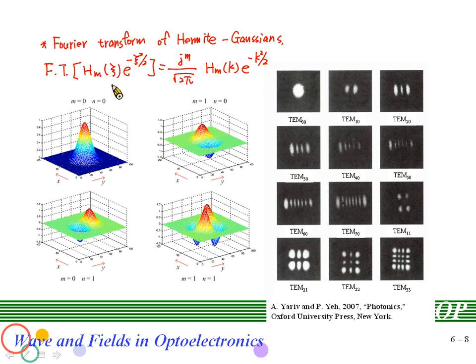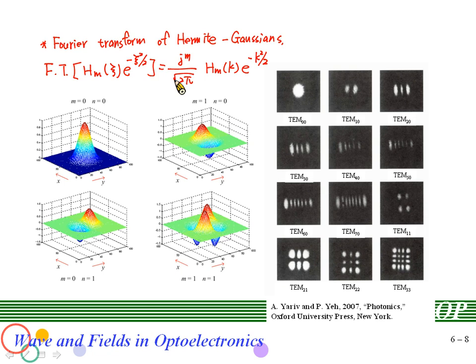And as you can see, the Fourier transform of a Hermite-Gaussian is still a Hermite-Gaussian, right? This is because the Hermite-Gaussian is formed by a Gaussian function, and if you have learned the Fourier transform, you will know that the Fourier transform of a Gaussian function is still a Gaussian function. That is why the Fourier transform of a Hermite-Gaussian is still a Hermite-Gaussian, but with the corresponding parameters shown here.